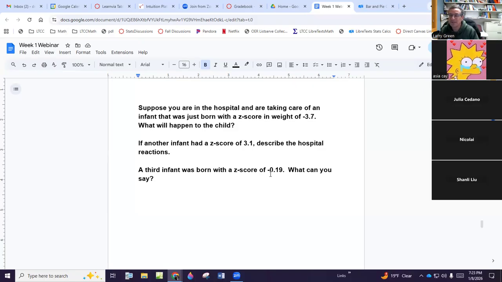Any thoughts? If my z-score was 3.8, what does that tell you about my SAT score? Yeah, I was extraordinarily high in math.